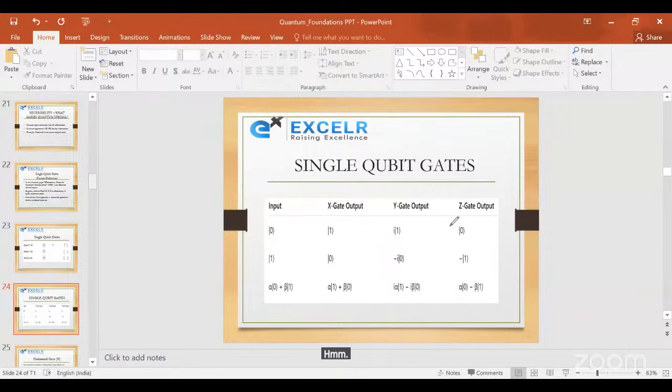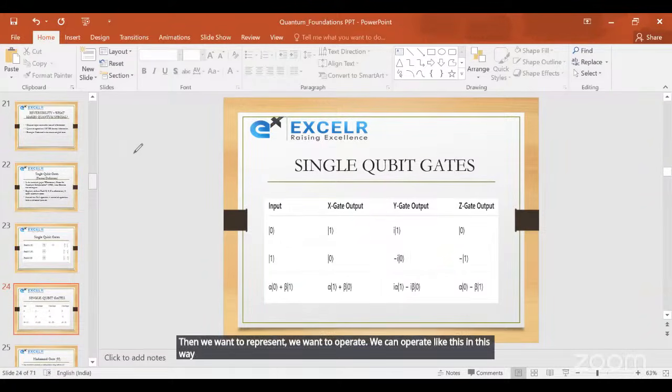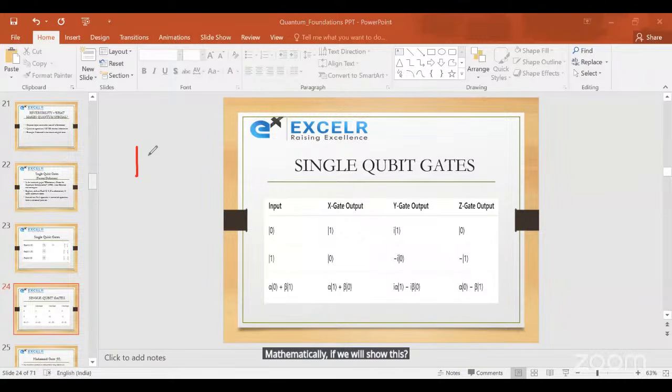In a single qubit gate, when we want to operate, we can operate in this way. Mathematically, suppose firstly we have ket 1, which is operated on by the Pauli matrix X, where X is 0, 1, 1, 0.